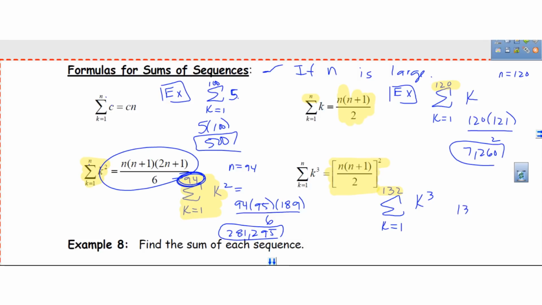So you'd go 132 times 132 plus 1, which is 133, divided by 2, whole thing in brackets, whole thing squared. So go 132 times 133, divided by 2, hit enter, 8,778, then hit x squared, and it's this big, huge number, 77,053,284. Put commas, 77 million would be what it is. Way faster to just use the formula, okay?